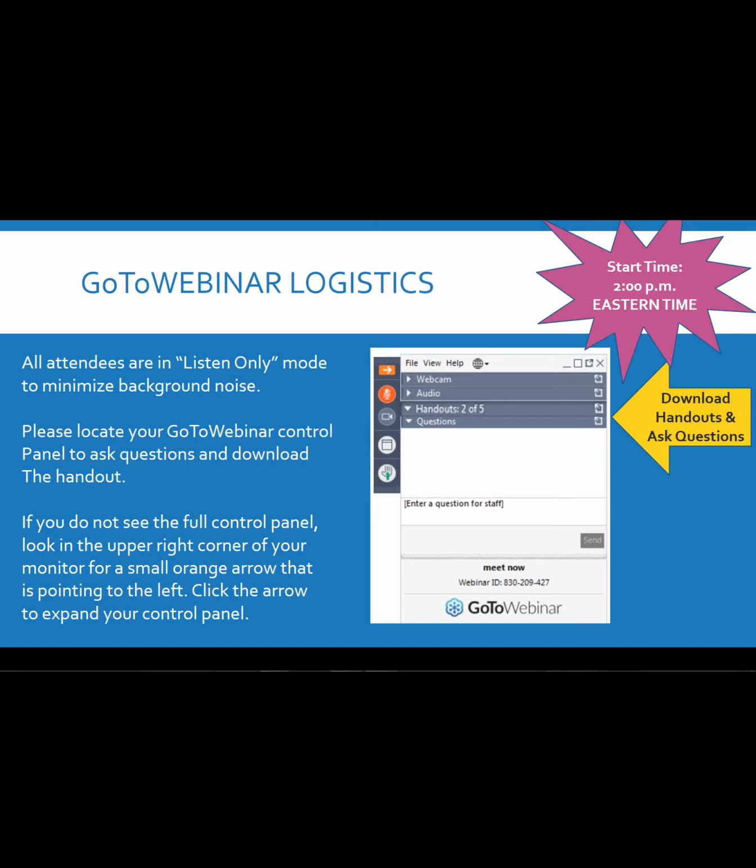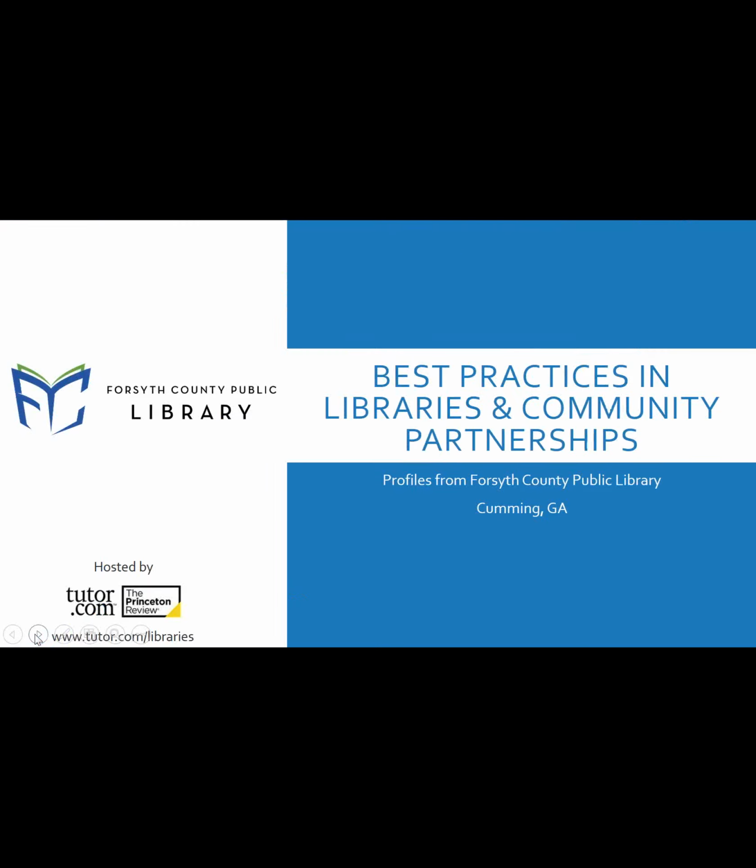All right, wonderful, seeing lots and lots of hands going up. Perfect. That lets us know everything technology-wise is working well. With all of that out of the way, we are going to jump into the presentation.